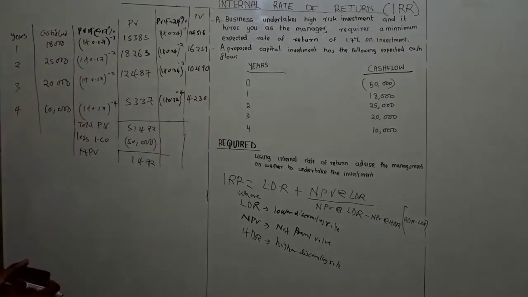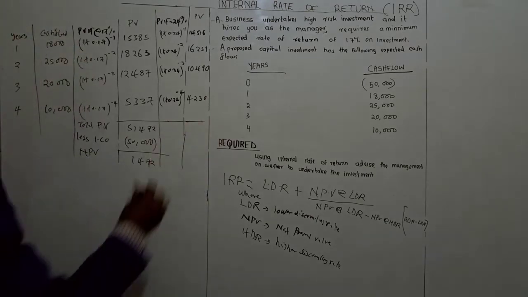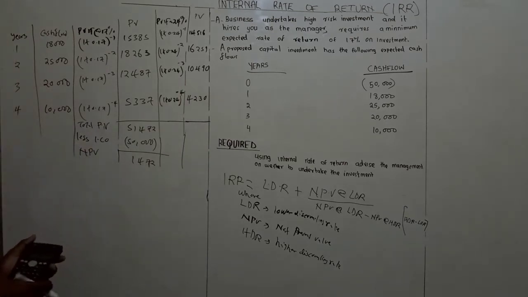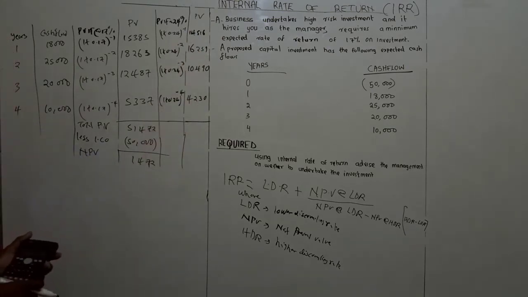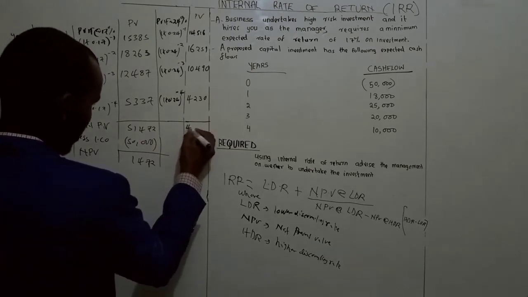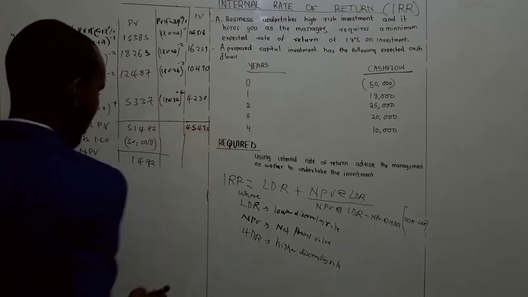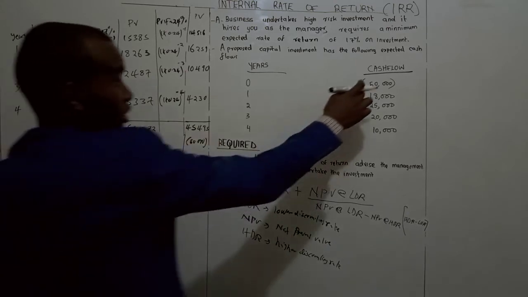I'm getting 4,230. Now we need to get the total present value. We take 14,516, add 16,259, add 10,490, then add 4,230. So I'm getting 45,495. Now we need to less the 50,000, the initial cash outlay.